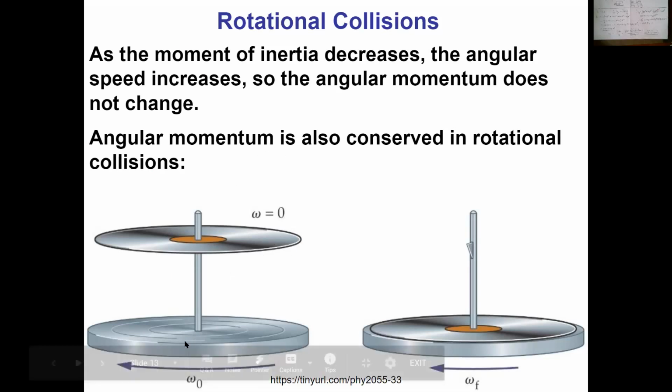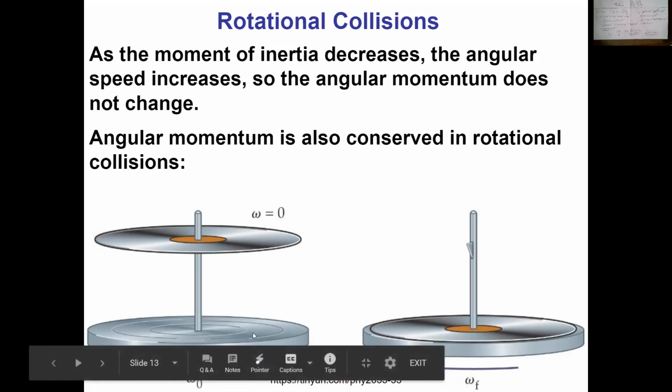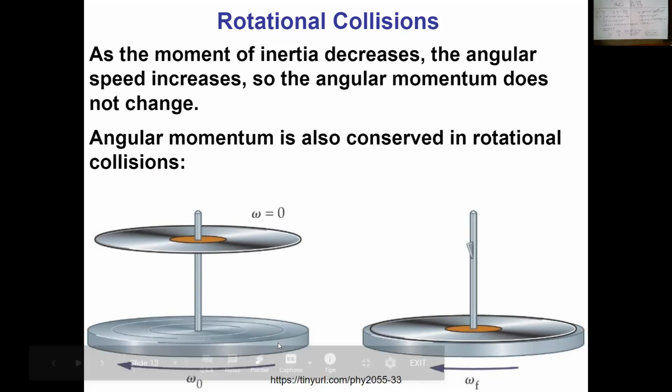But this is what happens. The turntable will have initial angular speed omega 0, and the CD will start from rest when it's released. Then it will collide with the turntable, and momentarily they will have the same angular velocity.